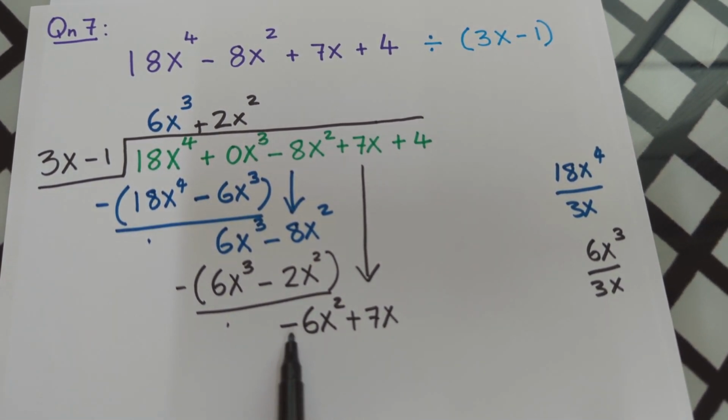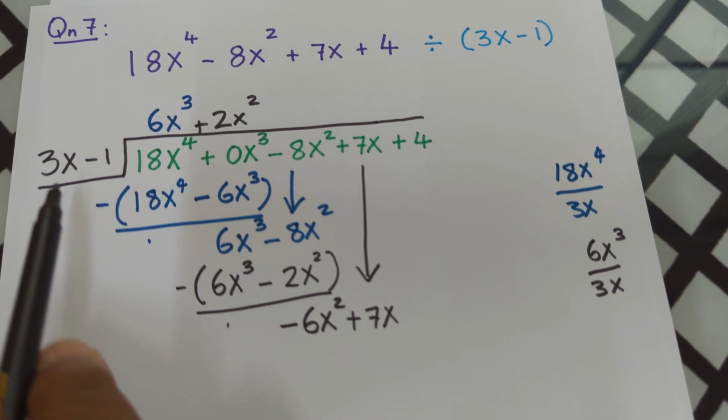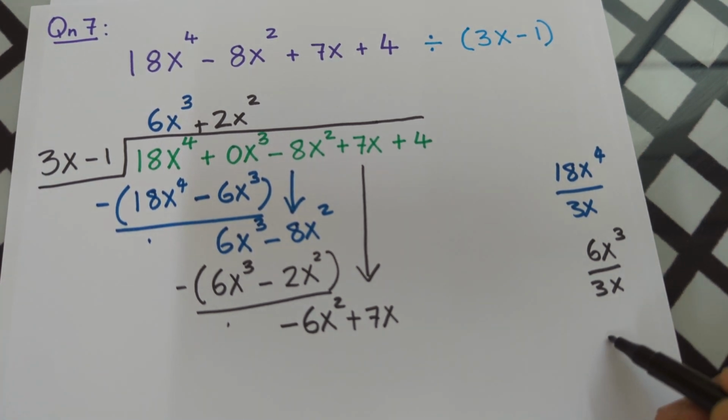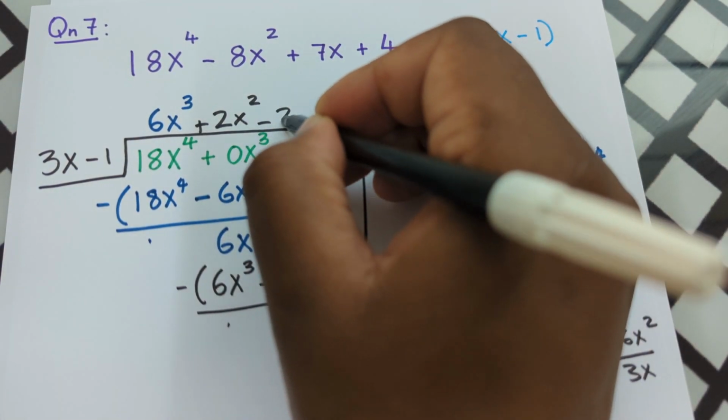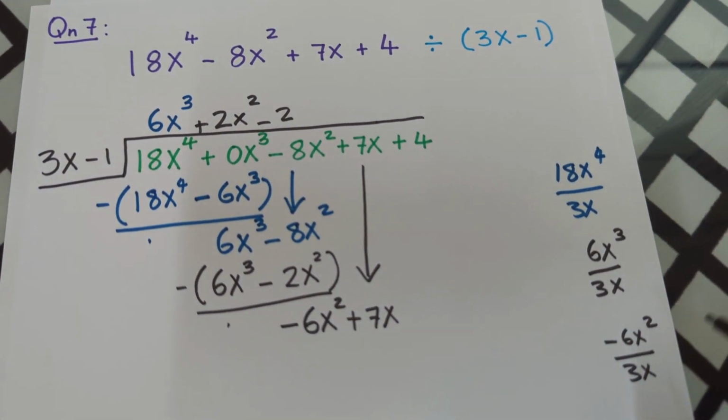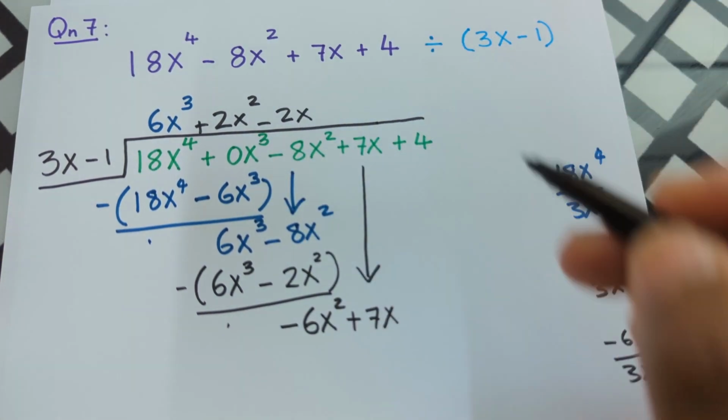Then we divide again, negative 6x squared divided by 3x. Negative 6 divided by 3, that's negative 2. The x squared divided by x, that's an x.